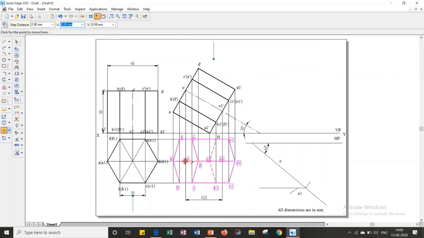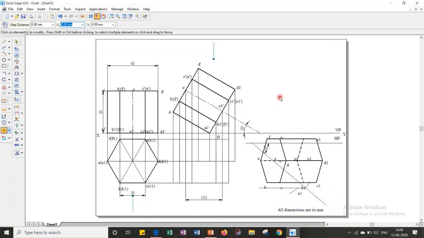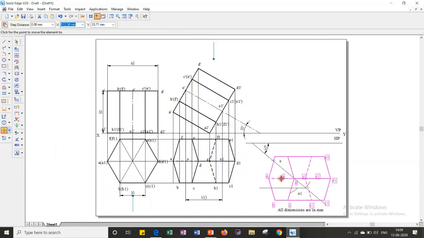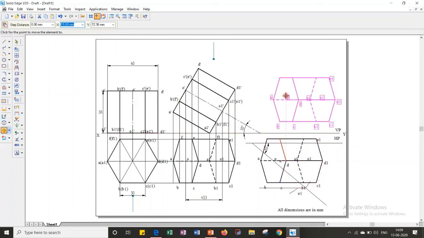This O point will be placed here. This is the O point now. You have to copy paste. O point will be here.